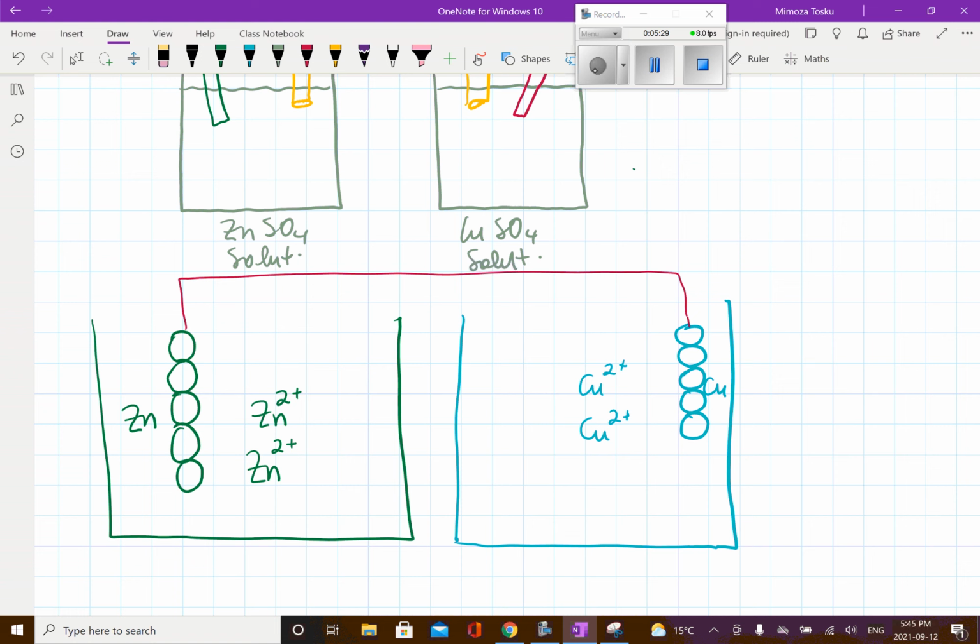And copper 2+, as you can see in your data booklet on page 7, has a higher electric potential, it is a stronger oxidizing agent, with a higher power to grab the electrons in comparison to zinc.